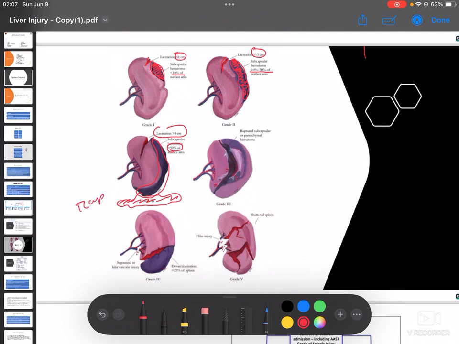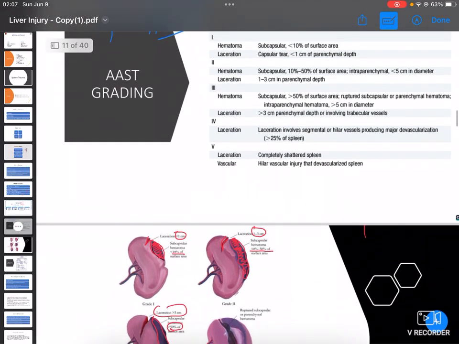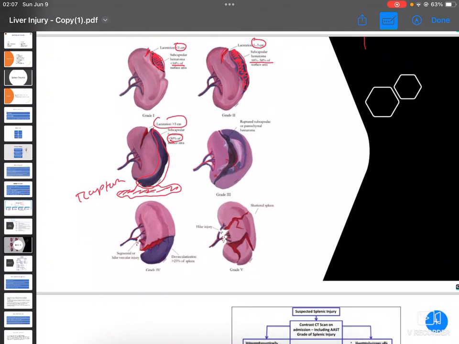We have to consider this as rupture. It is grade 3, and this is also the same in the liver. Laceration involves segmental or hilar vessels producing major devascularization.